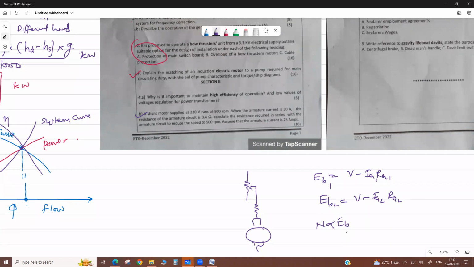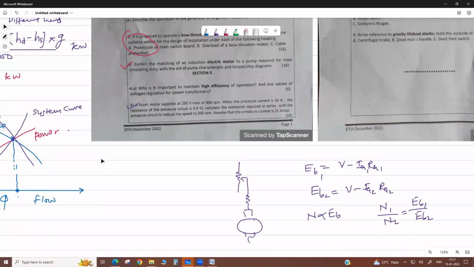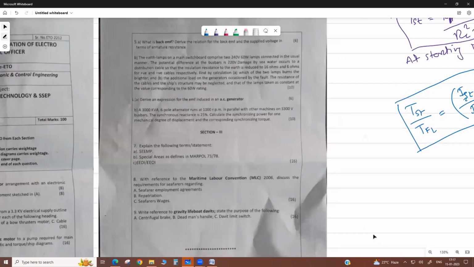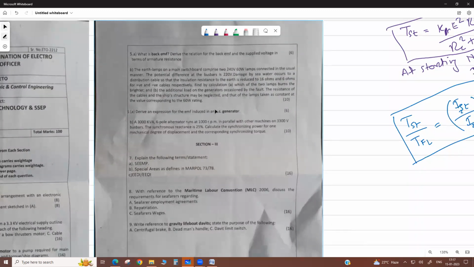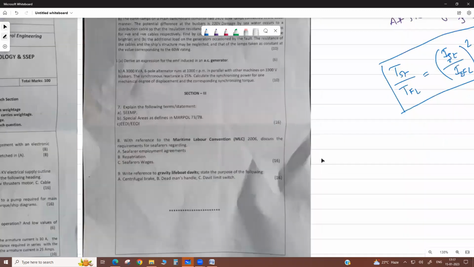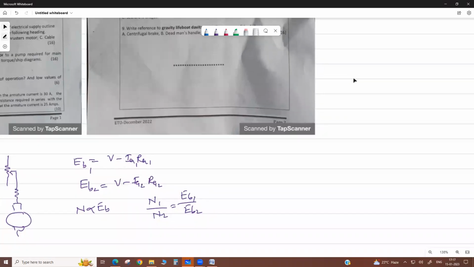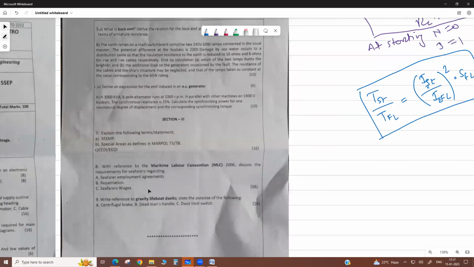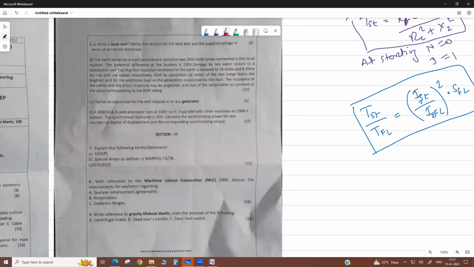So then we can write N1 by N2 equals Eb1 by Eb2. By this you can calculate the speed. Then the same equation they ask. You draw the motor diagram. You just draw the motor and write this back EMF equation.